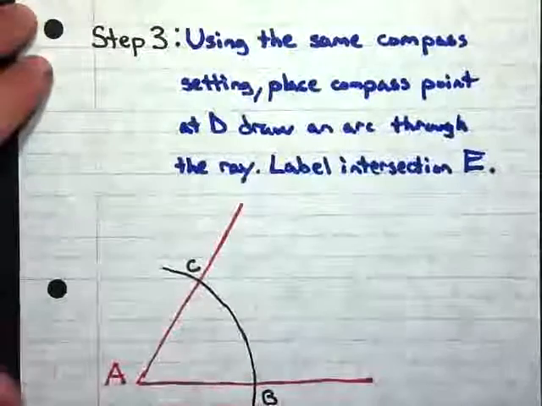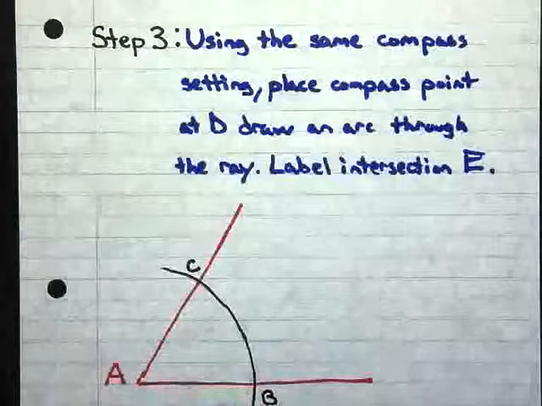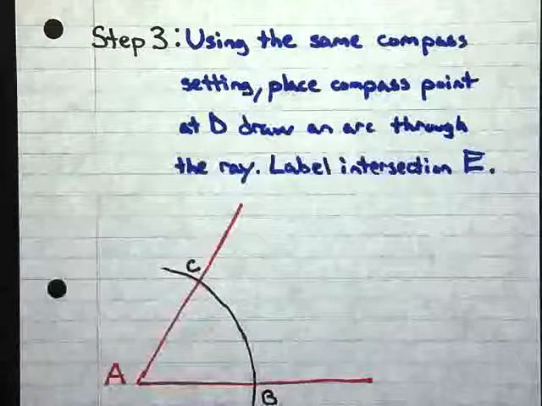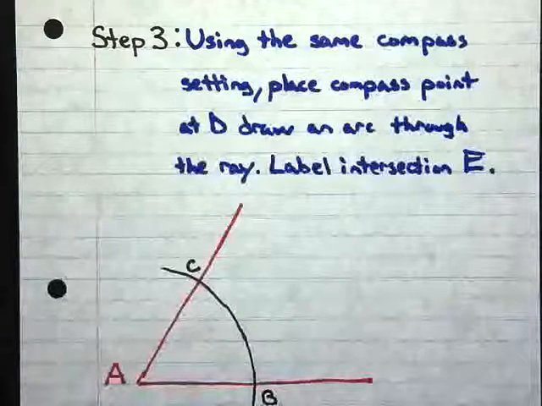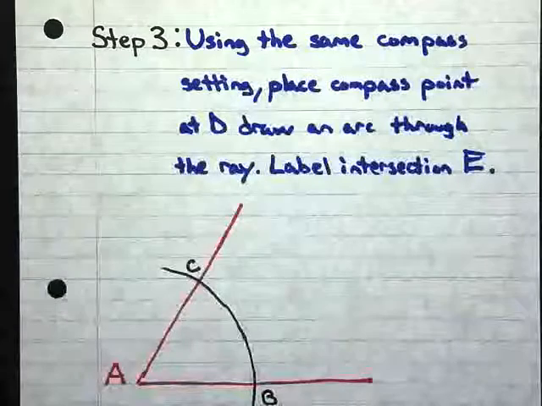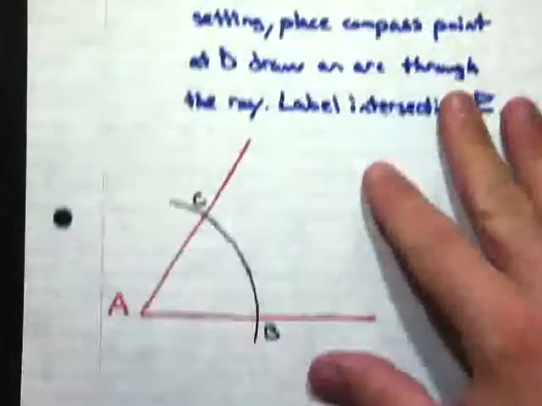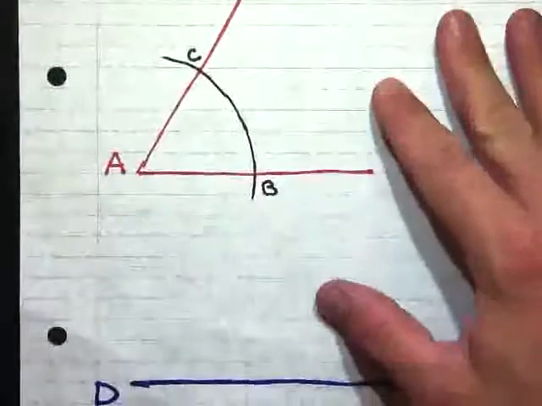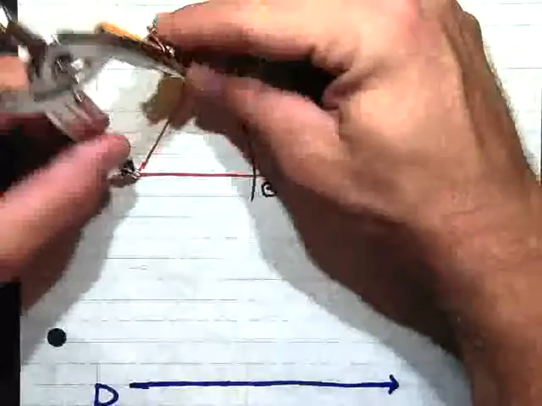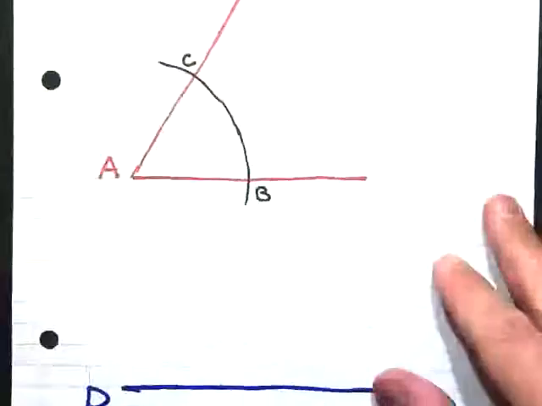For step three, we have our angle with the arc that we just drew. Using the same compass setting from step two, we place the compass point at D and draw an arc through the ray. Let me double check my measurement here, and I have the same one still.